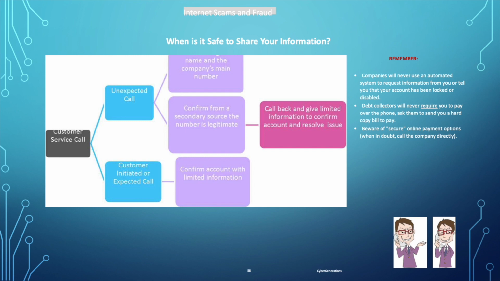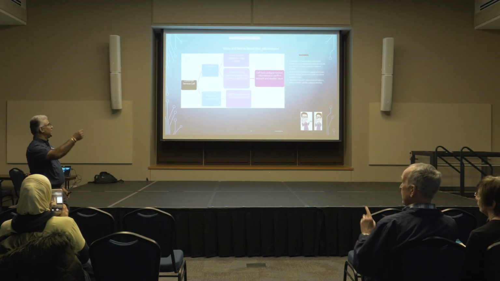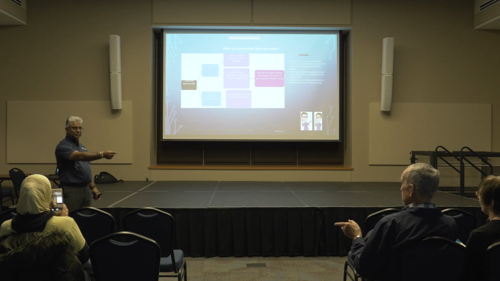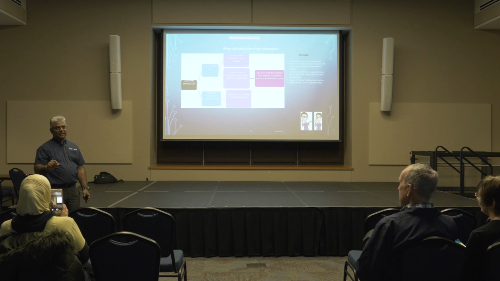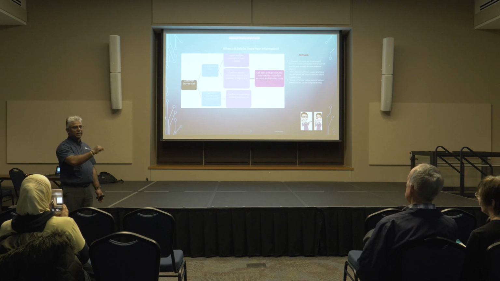So independently do a Google search, find out the name of the company, make sure it matches, make sure the number matches, and everything is legit. Then you call them back on the real number, yes, that you've used before. If they've given you the number, make sure that number is valid, and then you can use that number. If the number is not valid, you know it's a scam, forget about it. Just ignore it.